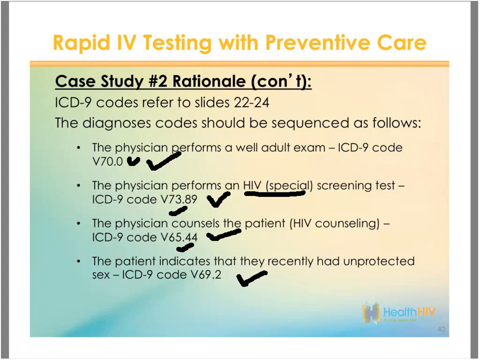Some entities like to track data. So the V69.2 is not mandatory, but I would say you should report it, because it also helps facilities determine how much money and resources are needed for treatment of the patients in your catchment area.